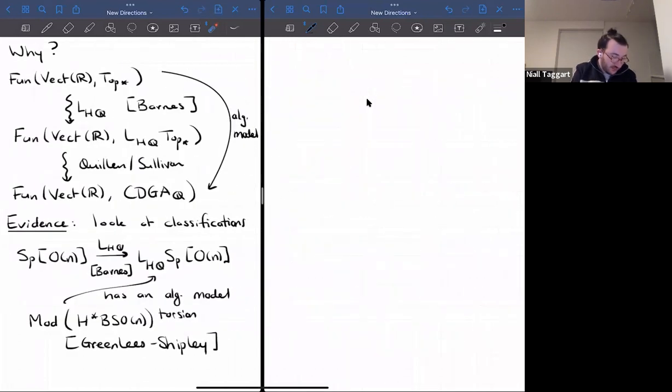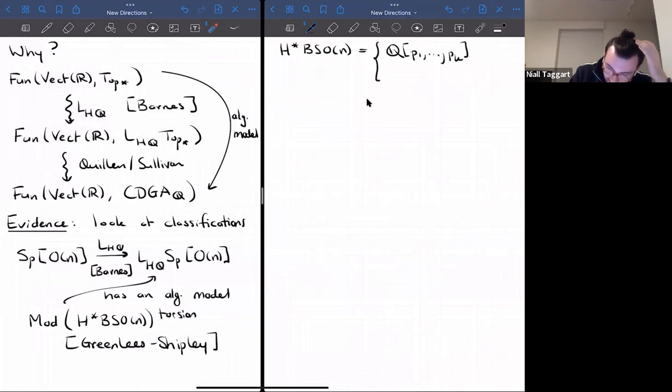So in particular, if you look at what the cohomology of BSO(n) is, well, it depends on n. So in odd degrees, it's polynomial on Pontryagin classes. This n is 2k plus 1. In even degrees, it's polynomial on the Pontryagin classes and an Euler class.